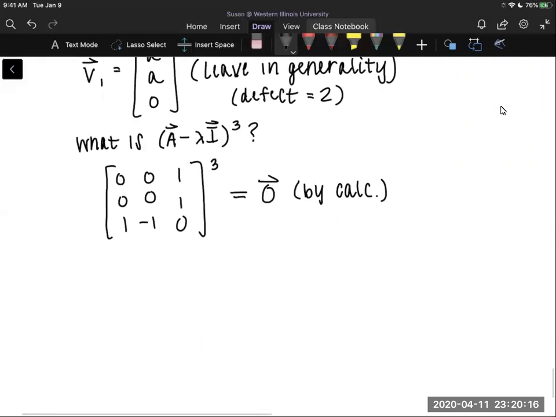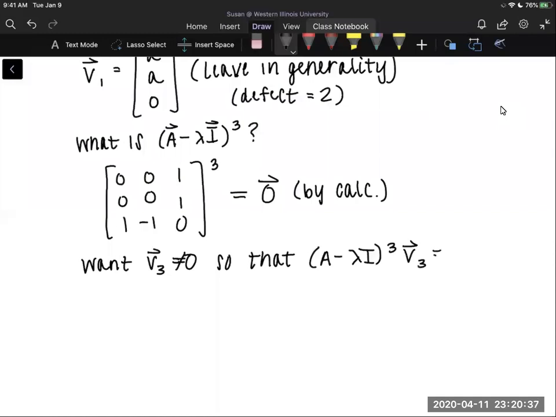So once you have shown that (A minus lambda I) cubed equals 0, remember, we want a non-zero eigenvector so that (A minus lambda I) cubed times this v3 equals 0. So that merits a happy face because that means that any non-zero vector is going to satisfy that. Any non-zero vector at all.